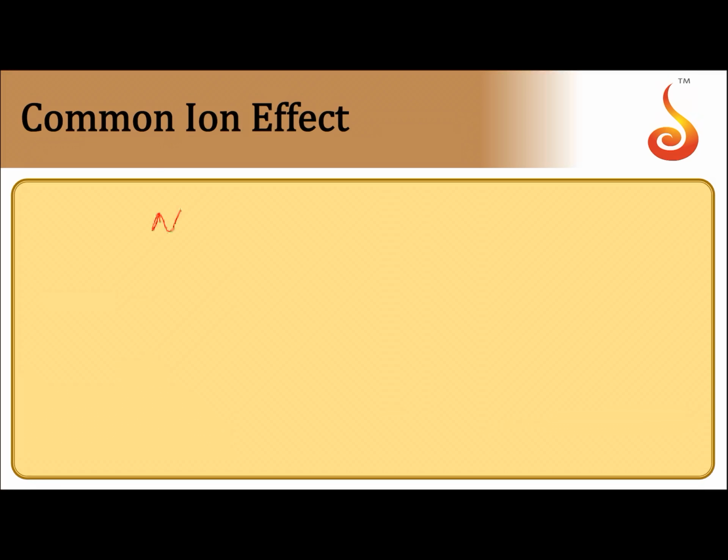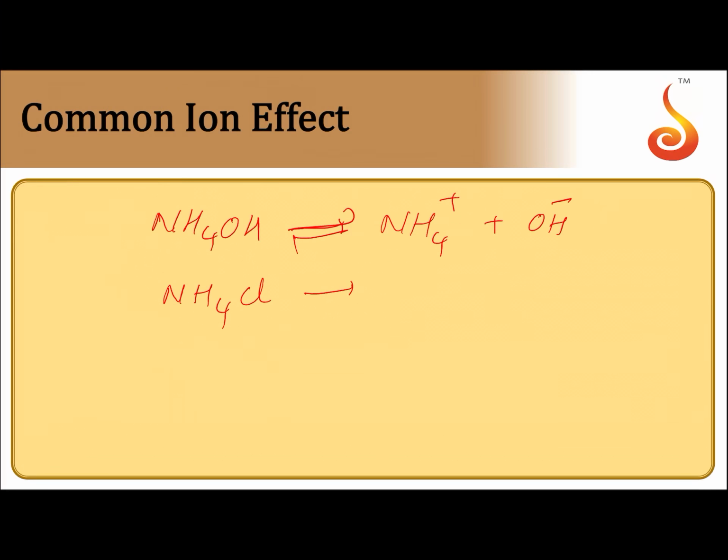Take one more example, ammonium hydroxide, a weak electrolyte, which forms ammonium ions plus OH minus ions. Add a common ion containing substance like ammonium chloride, giving ammonium ions plus Cl minus ions.